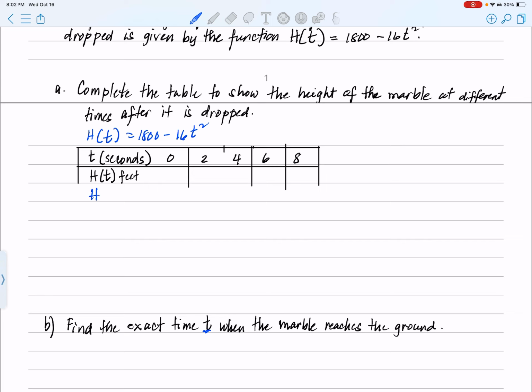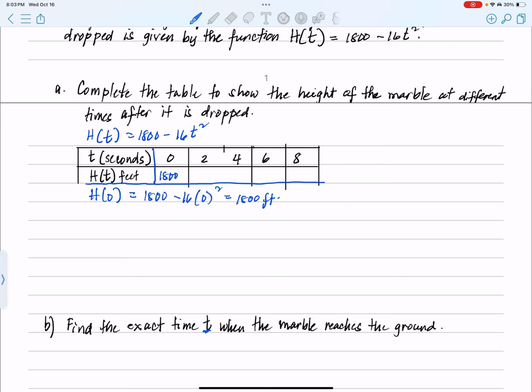So h of, let's say I start when the time is 0. So 1,800 minus 16 t squared, that means 0 squared, equals 1,800 feet. So this is 1,800. I think I'm going to draw a line right here.